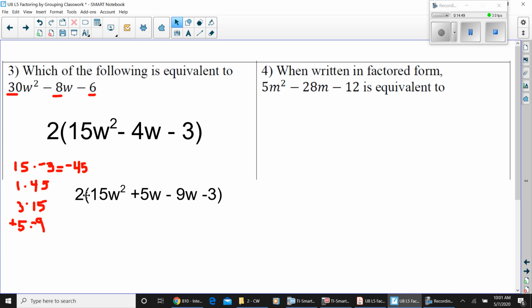I'm going to leave that 2 out there, right? So the 2 stays out, and then I am going to factor out whatever. Remember, I was telling you about the first half and the second half, right? So I'm going to factor something out right there, the greatest common factor, and I'm going to use a double parenthesis so I don't get confused. And actually, whatever I factor out is going to be multiplied.